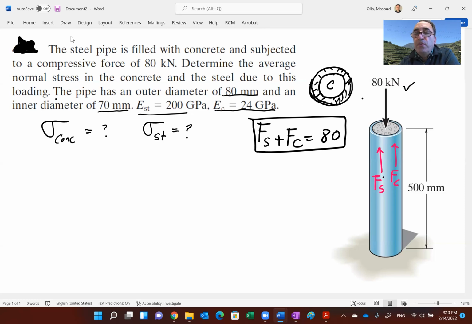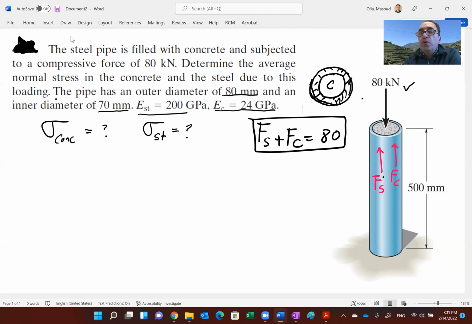If you remember from the other statically indeterminate problems that I've shown you in the past, again, if you look at the playlist in the strength of materials, just search for statically indeterminate and you'll see a few of them with different approaches used to solve them.